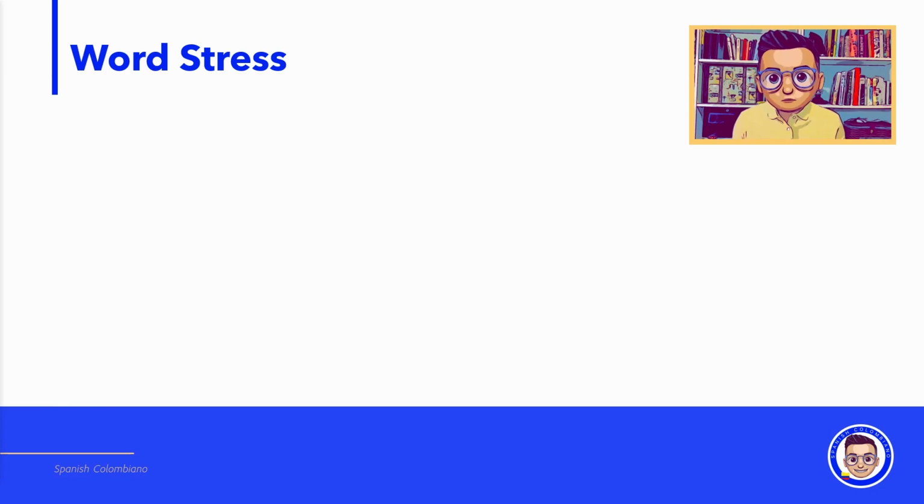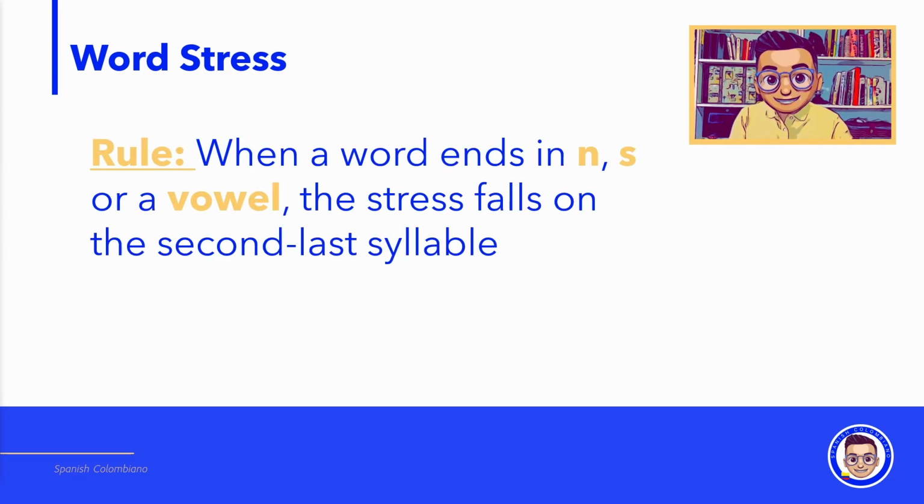Now let's talk about word stress. Colombian Spanish has stress. This means you emphasize one syllable in a word over another. Rule of thumb: when a word ends in N, S, or vowel, the stress falls on the second last syllable. Otherwise, the last syllable is stressed.